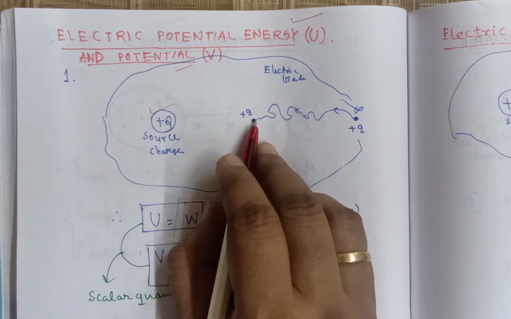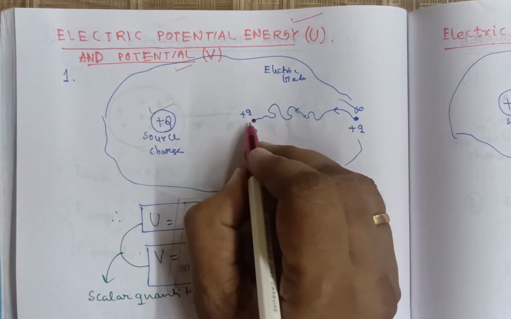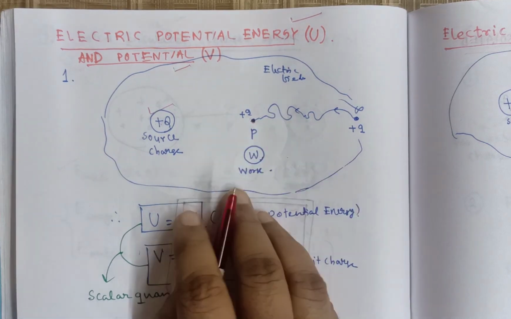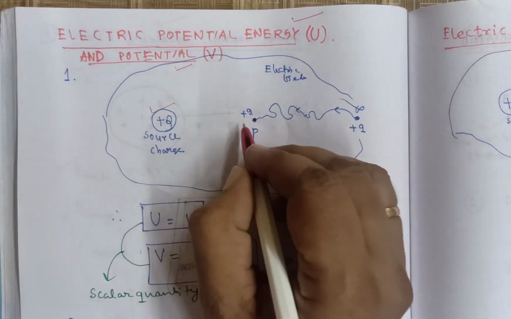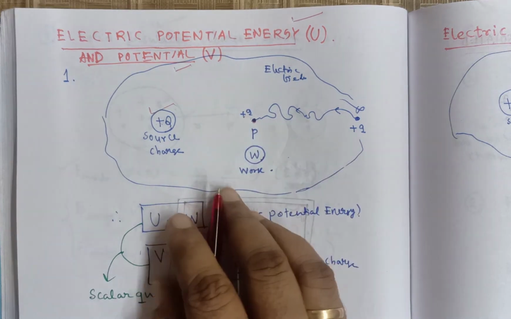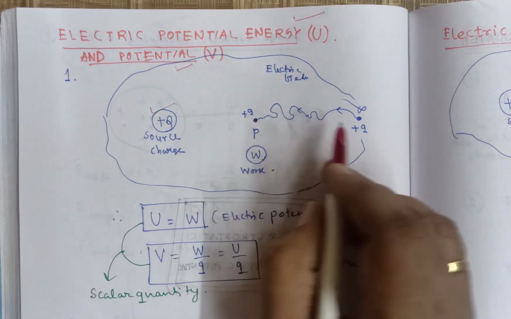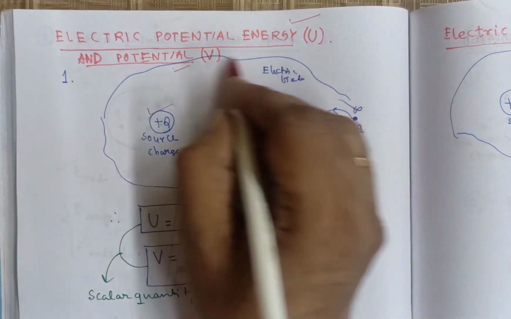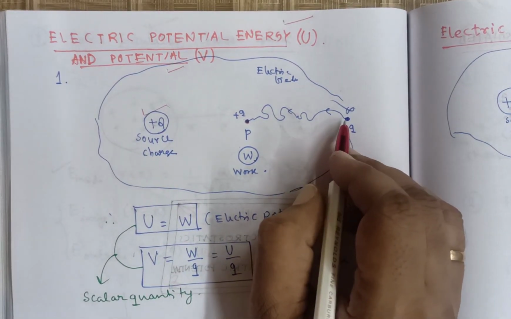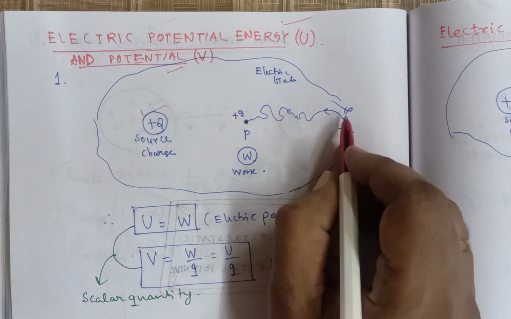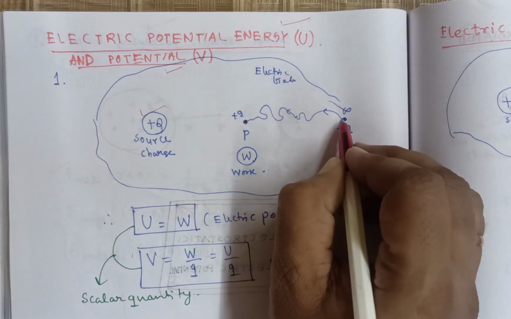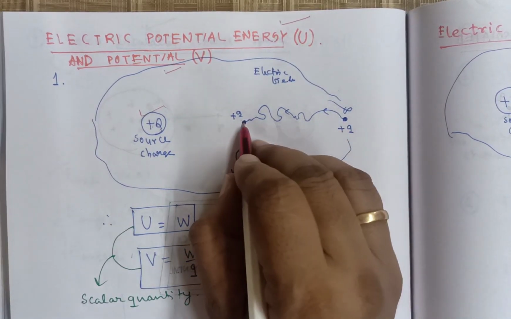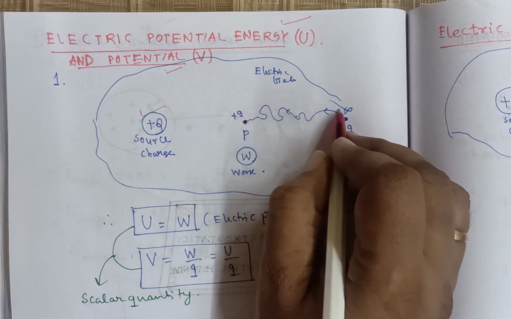Electric potential energy means, to your desired point P, first you take a test charge. Let it be a test charge plus q. First you keep this test charge at infinity, that means a very far distance, and within the electric field. Then you bring this test charge to your chosen point in any arbitrary path.